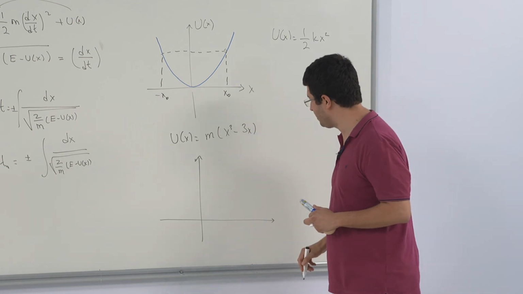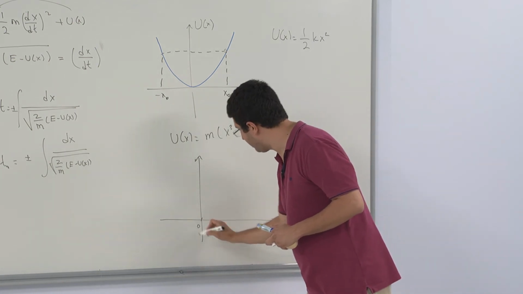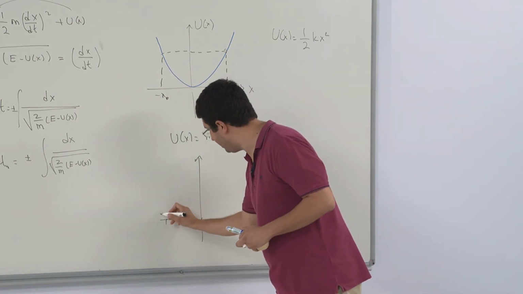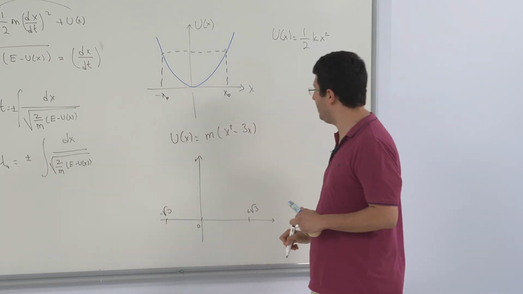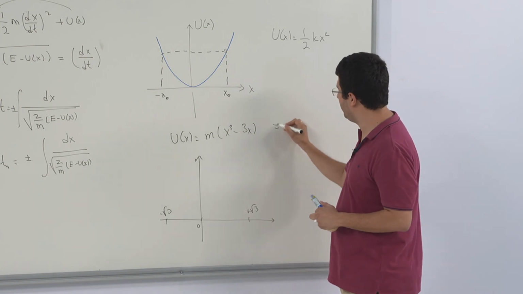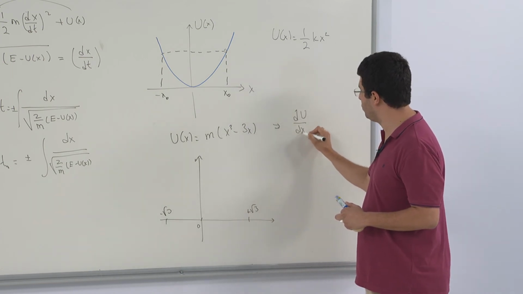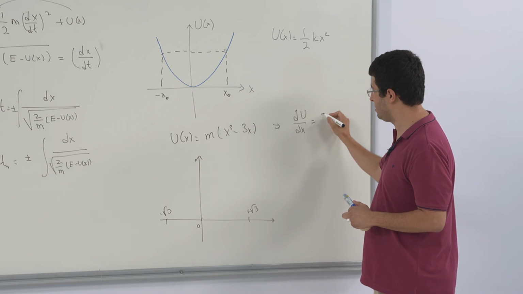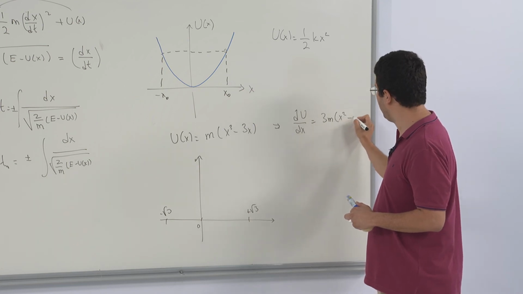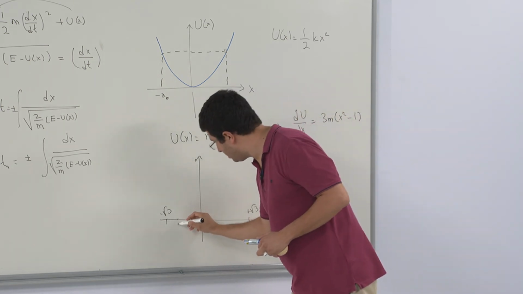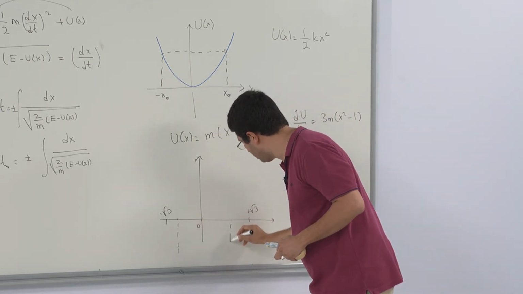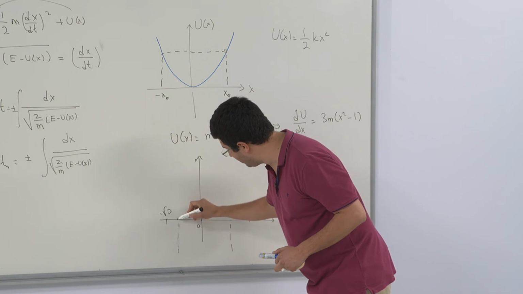So this has 3 zeros. One is at x equal to 0, the others are at x equal to minus square root of 3 and plus square root of 3. And it has 2 extrema. I know that the force is 0 at 2 points, since the force is proportional to 3m(x squared minus 1). So at x equal to plus and minus 1, the system is at equilibrium.